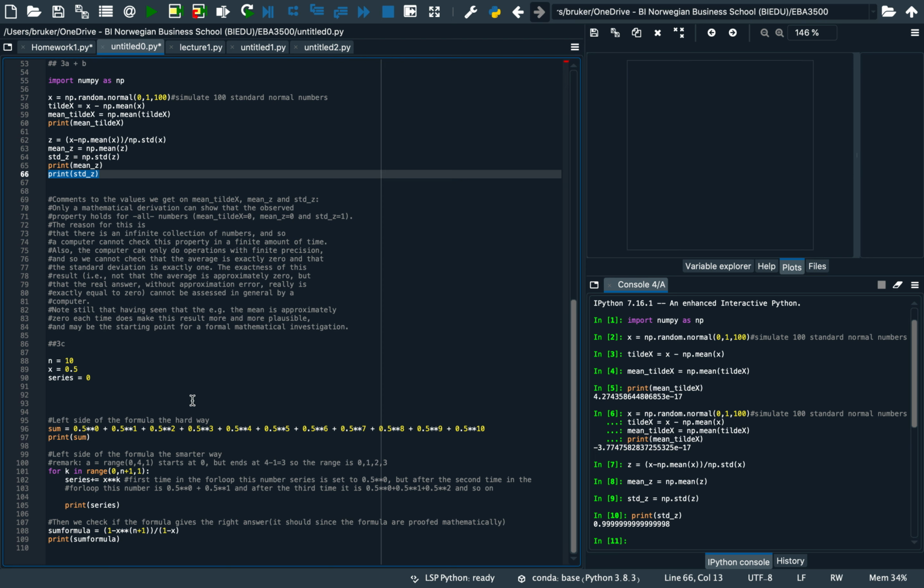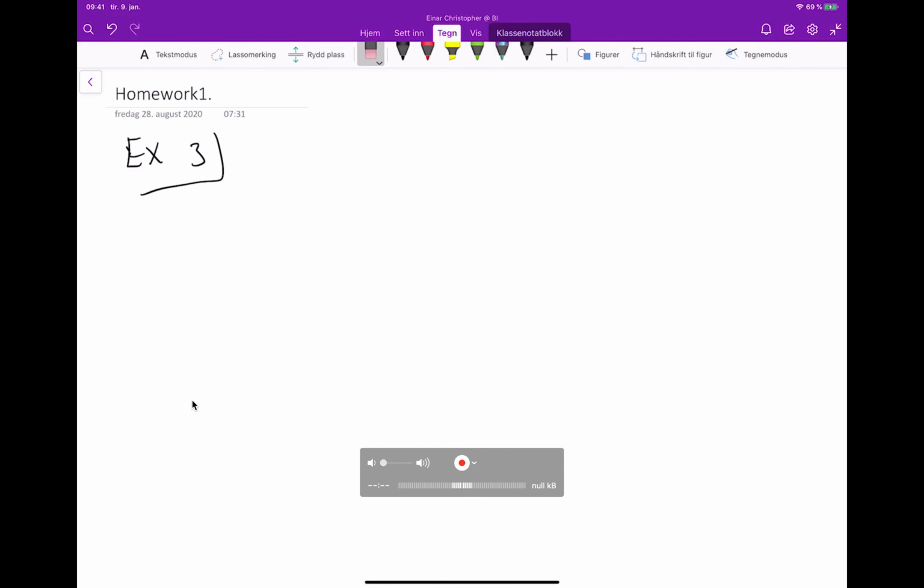So then we go to 3C, and in 3C we are given a formula. So let's look at this formula we are getting.